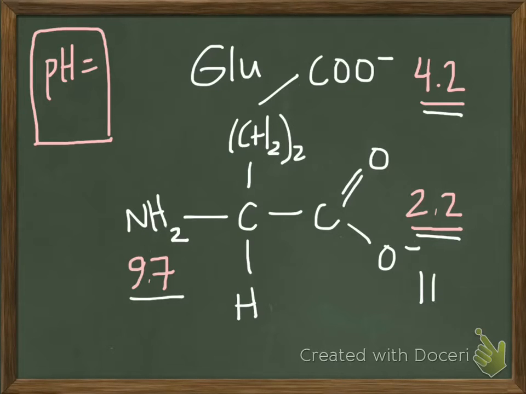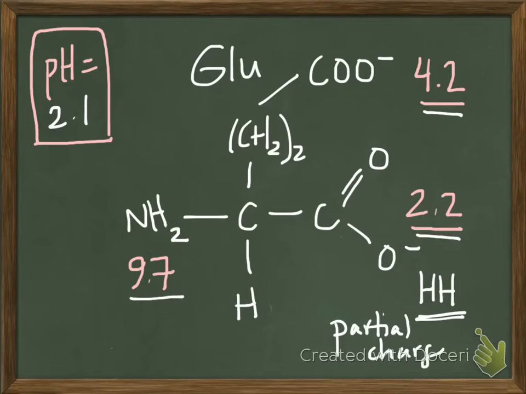So for example, if I were to say calculate the overall charge of this molecule at pH 2.1, you'd have to do Henderson-Hasselbalch for this group to figure out the partial charge, because it wouldn't be a whole number. And there are examples of this in lecture as well as the practice exam that contains solutions.